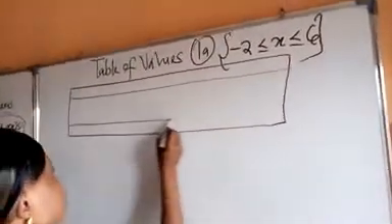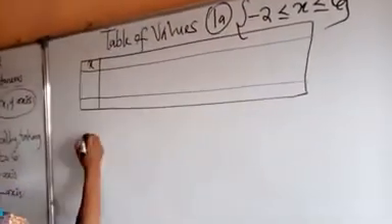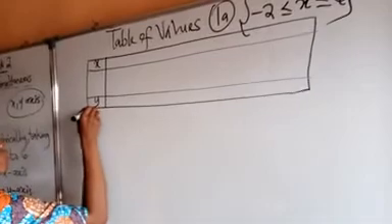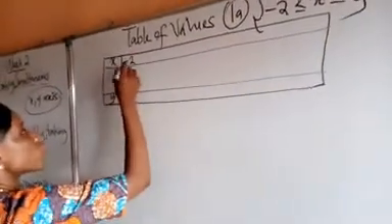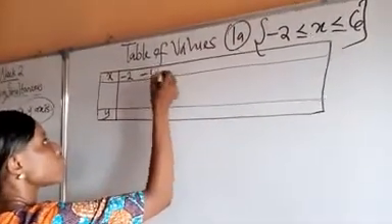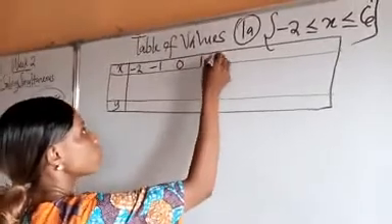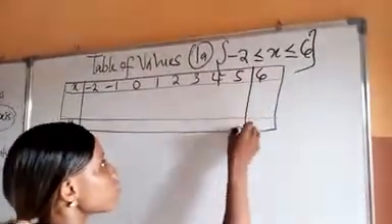I have the first row and the last row. The first row is always your x. The last row is always your y. I have -2 to 6. So the numbers, according to your number line: -2, the next one is -1. I have 0, 1, 2, 3, 4, 5, and 6.